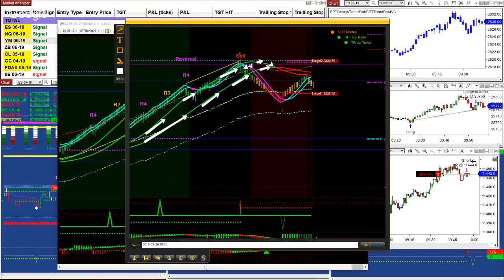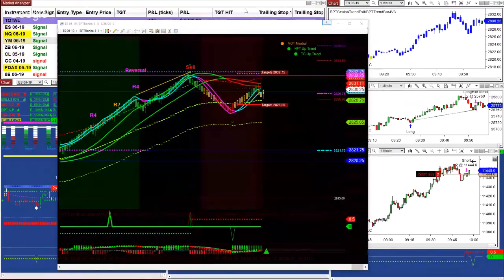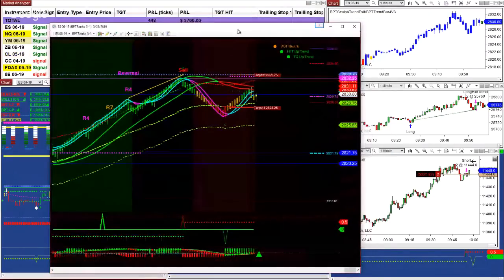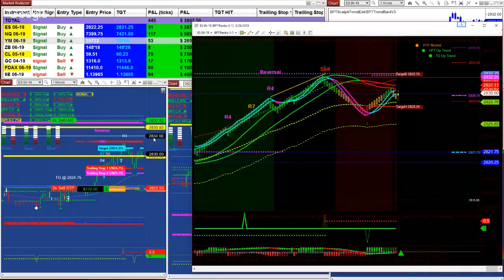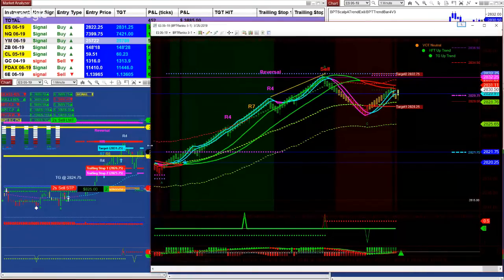Now, some of the trades are going to be 10 ticks. Some of the trades are going to be 100 ticks, 80 ticks, 5 ticks. We don't know. We cannot control the market, but it is at least a winning trade. One of the things also is that it does not need a brilliant trader to see that.